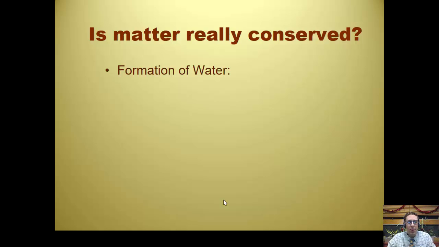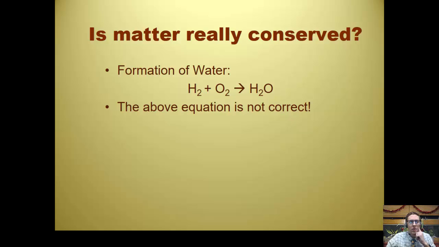So water. We know, very, very important in life, and it is formed from hydrogen and oxygen. Hydrogen and oxygen are diatomic. Mr. Brinkelhoff is how we remember that. And these two come together to form water. However, this is not a real equation, because it's not the right equation.